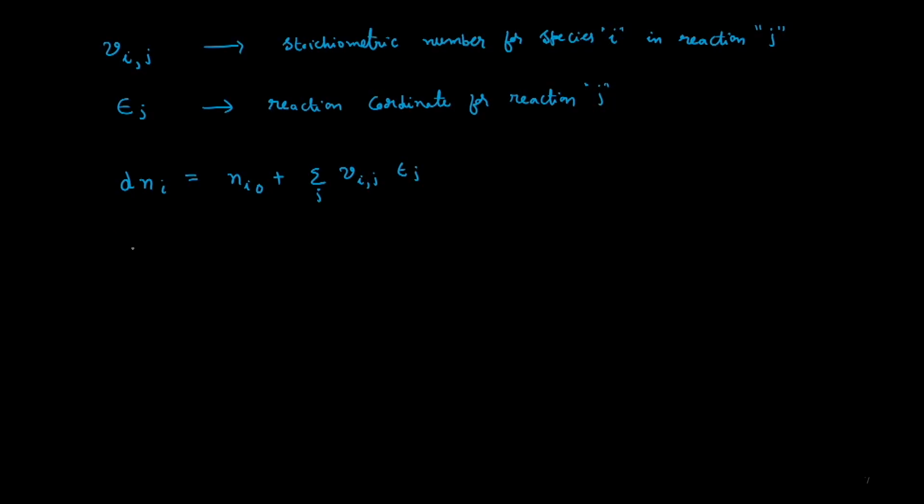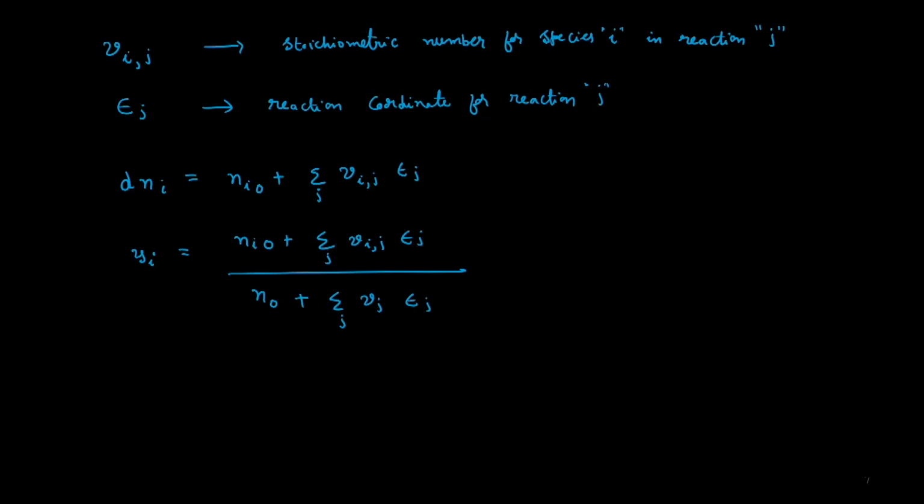And to calculate the mole fraction, we can derive this expression, but we'll just write it down. It would be simply Ni naught plus the sum over j of nu ij epsilon j, over N naught plus the sum over j of nu j epsilon j.